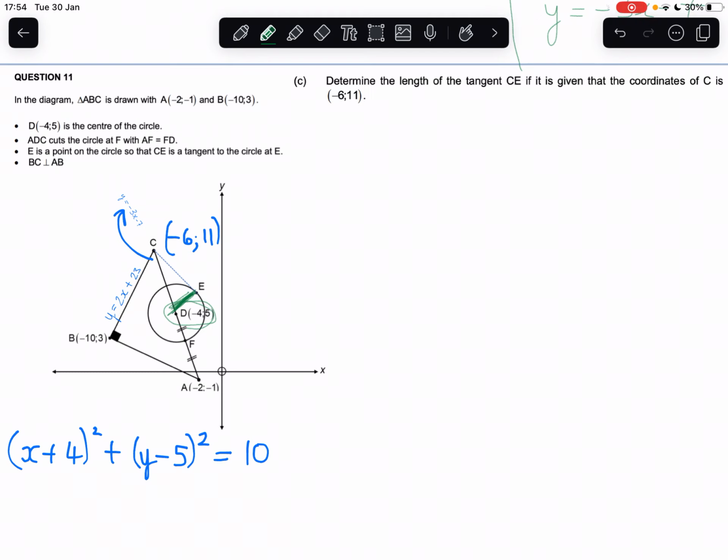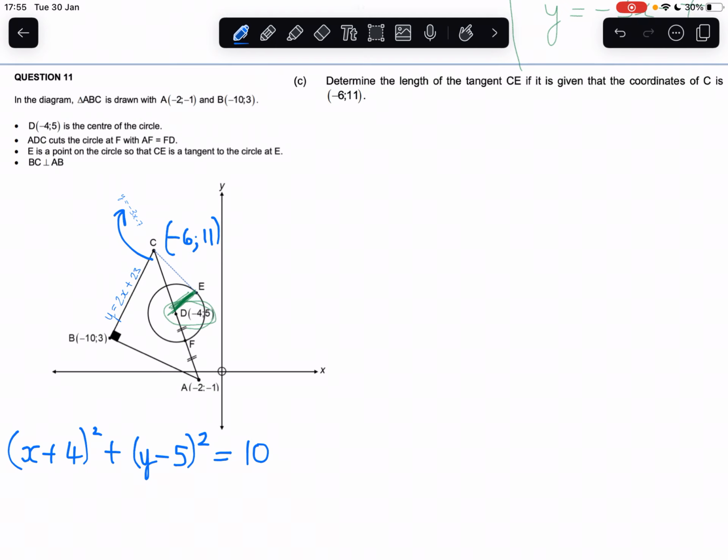But how will it help us find E? Well, we know the equation of the circle. So we could find the intersection of the line DE with the circle, and that would give us the coordinates of E, potentially. Am I going a long route here? It smells like it, but I am committing.